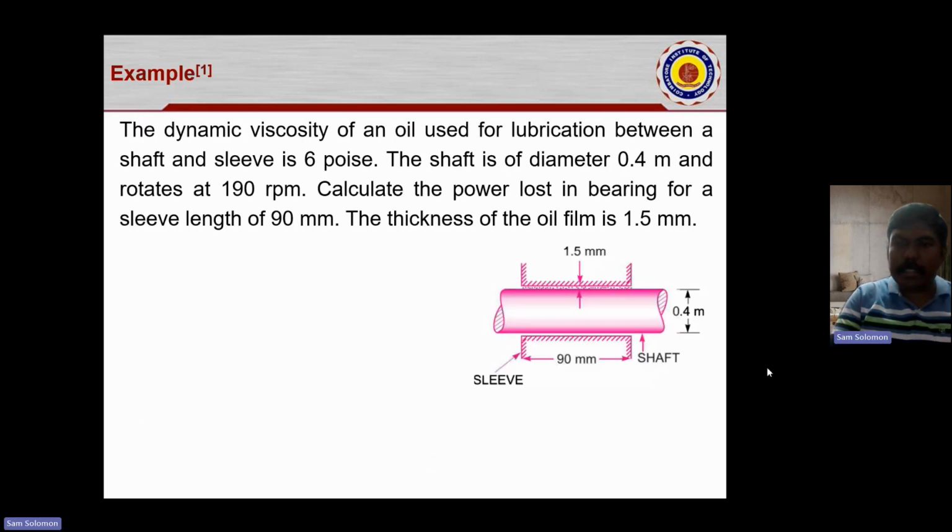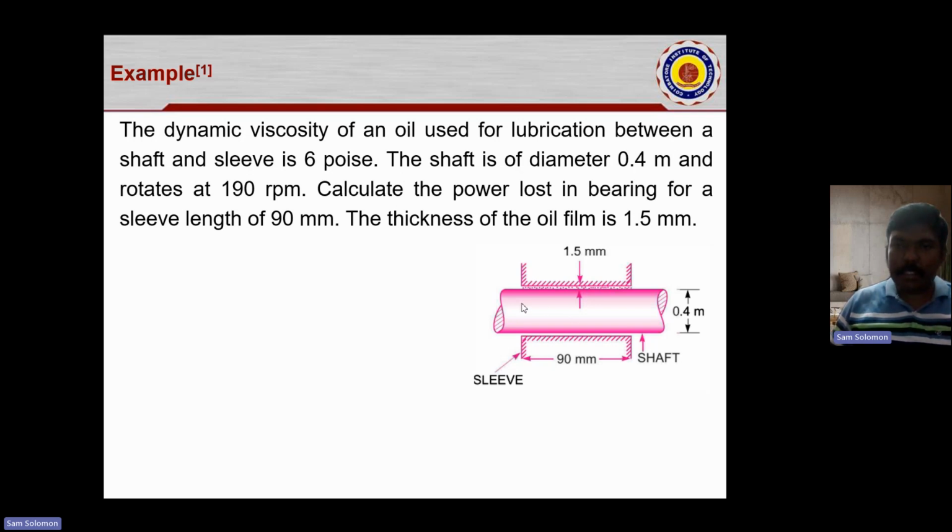So this is a slightly different problem. I won't say much different, but we need to add one or two additional formula which we would have learned in other subjects or other courses. Okay. The dynamic viscosity of an oil used for lubrication between a shaft and sleeve is 6 poise.